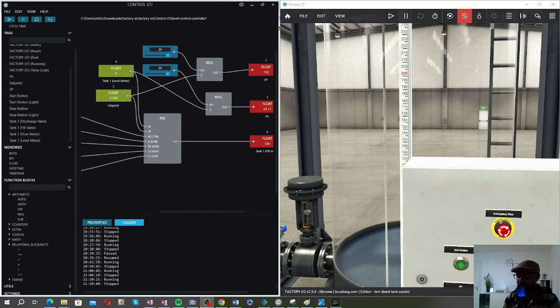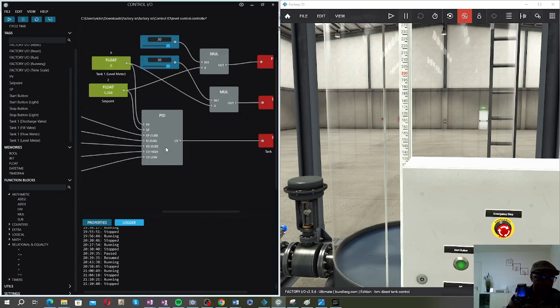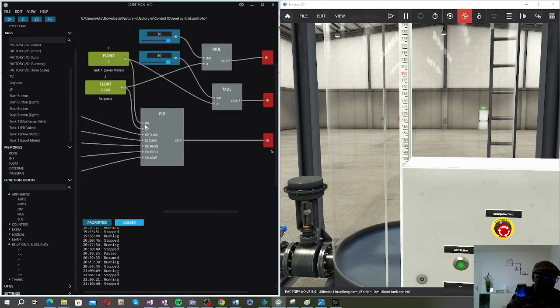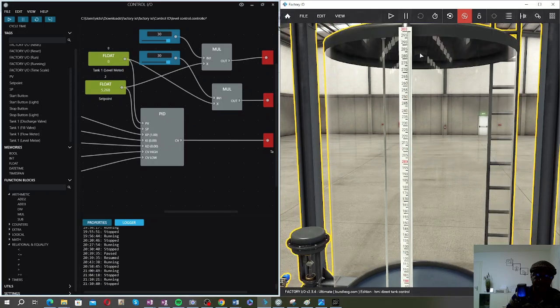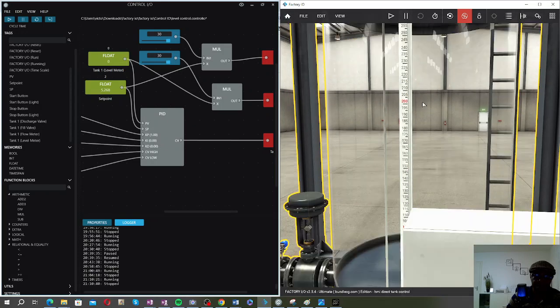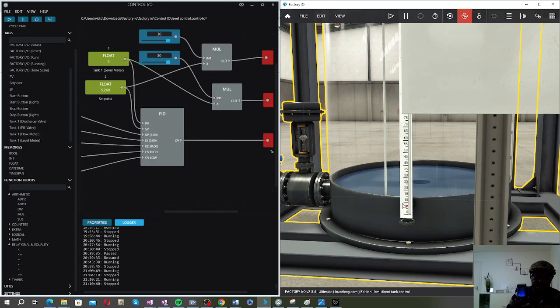I don't know if you can see what I'm trying to show here. This is the process value. This is the set point. This is the proportional gain, integral gain, derivative gain, and this is the highest value that can be measured. In this case, it is this tank here you are looking at. We are looking at 300, and the lowest, say, 0.